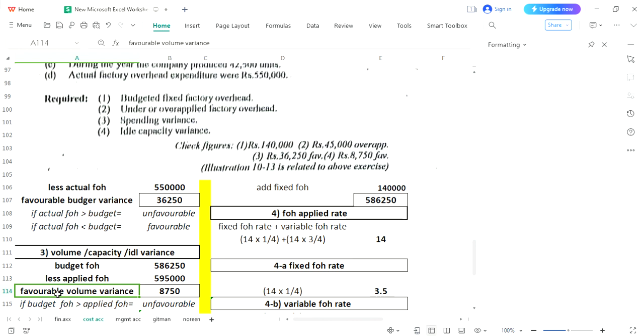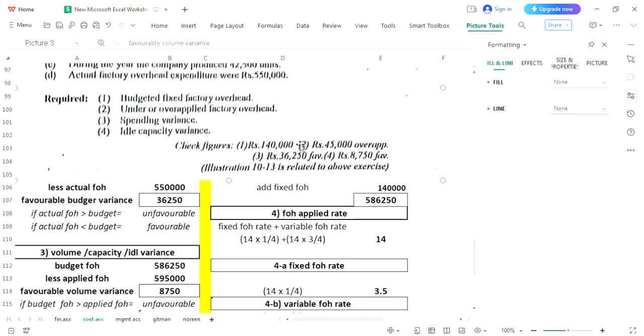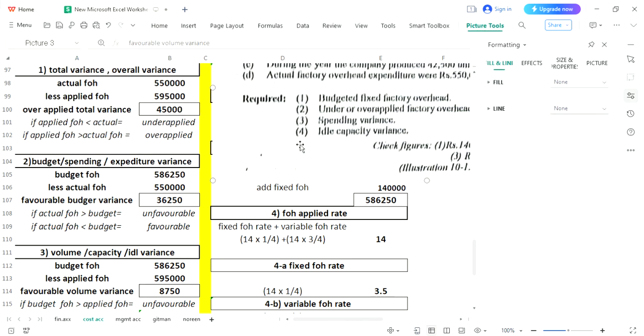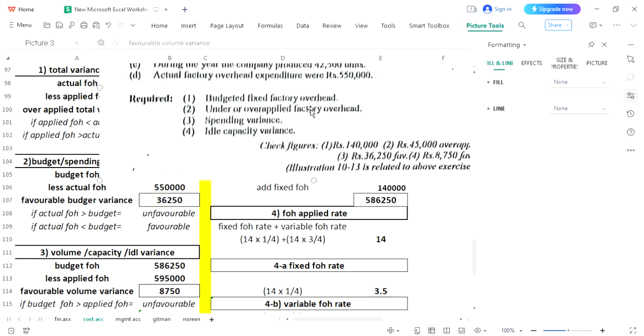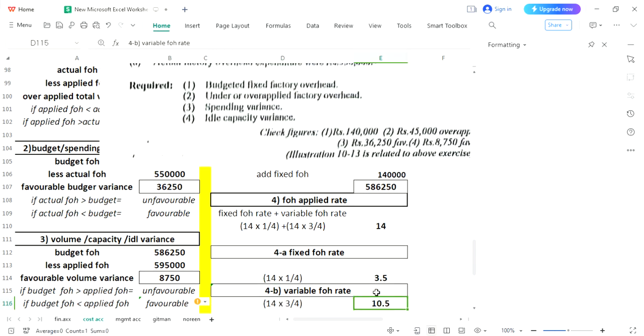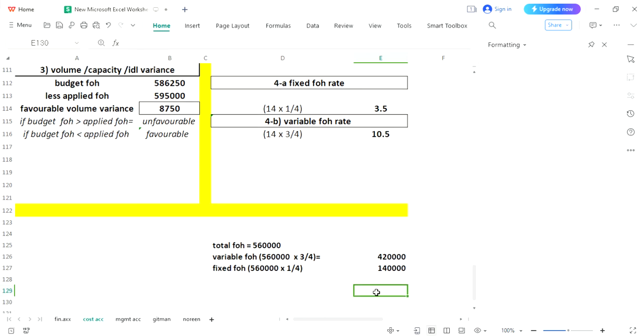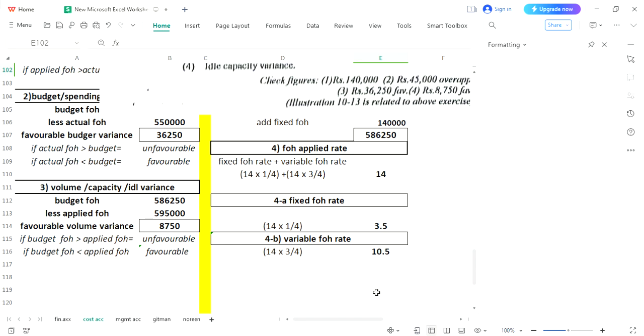It means all answers are calculated, and you can see over here the very first requirement was to calculate budgeted fixed overhead. So at the end of the question, this was 140,000 fixed FH, and you can see the answer of the first requirement 150,000.